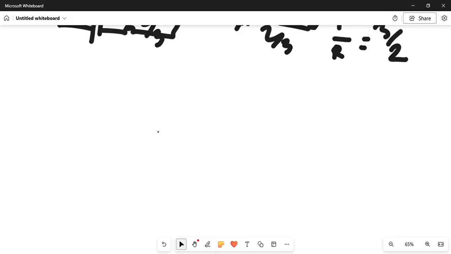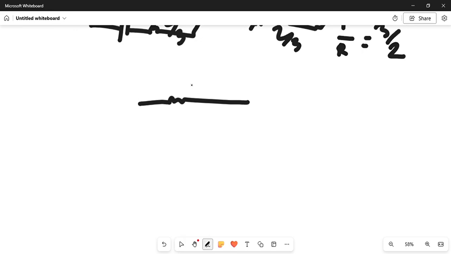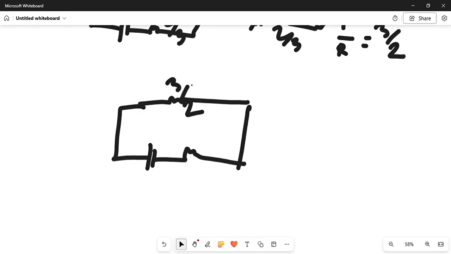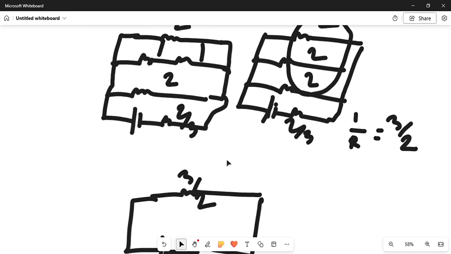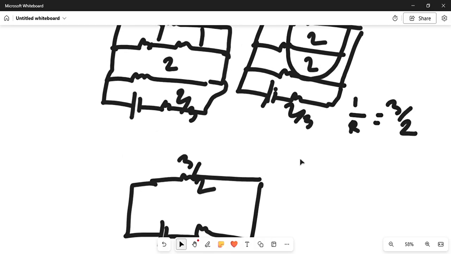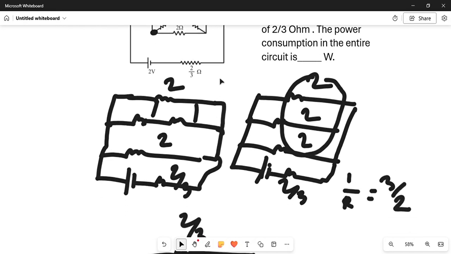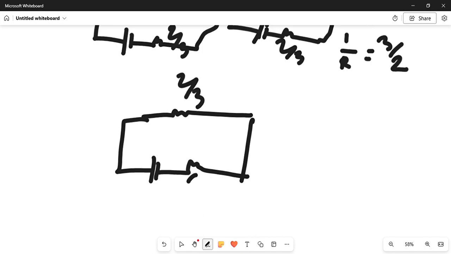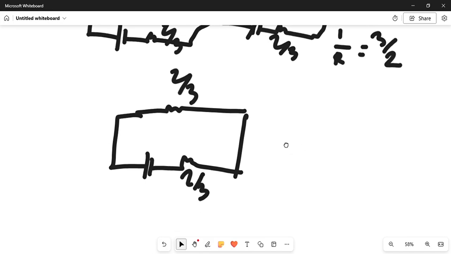So my simple circuit will be this, 2 by 3, and this is the battery, with internal resistance 2 by 3. Sorry, 1 by R is equal to 3 by 2, so R is equal to 2 by 3 ohm, and this internal resistance is 2 by 3.